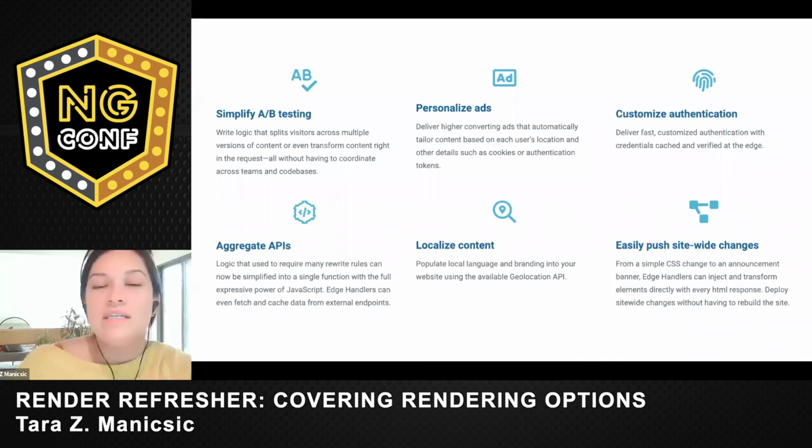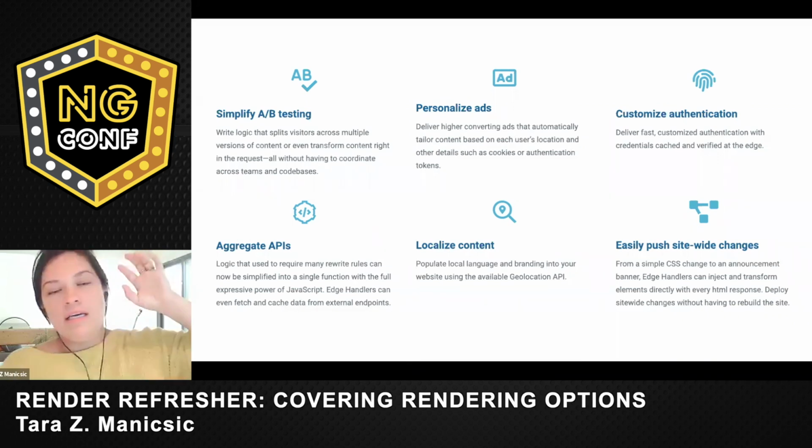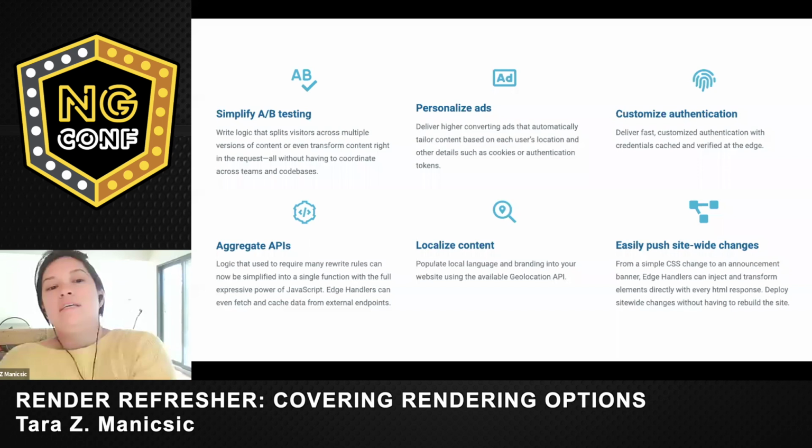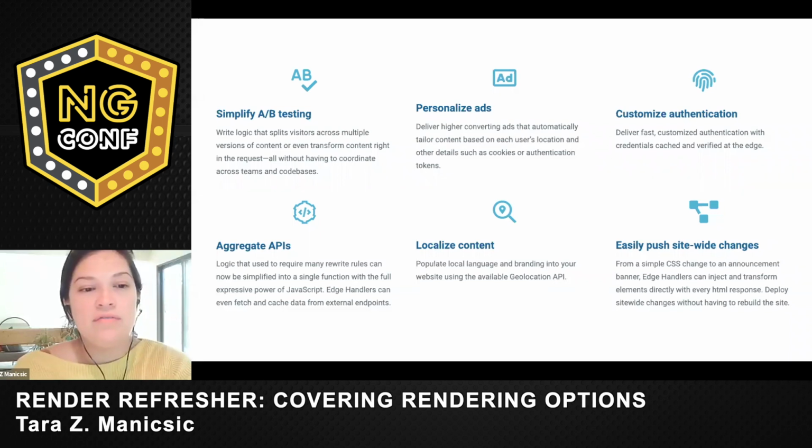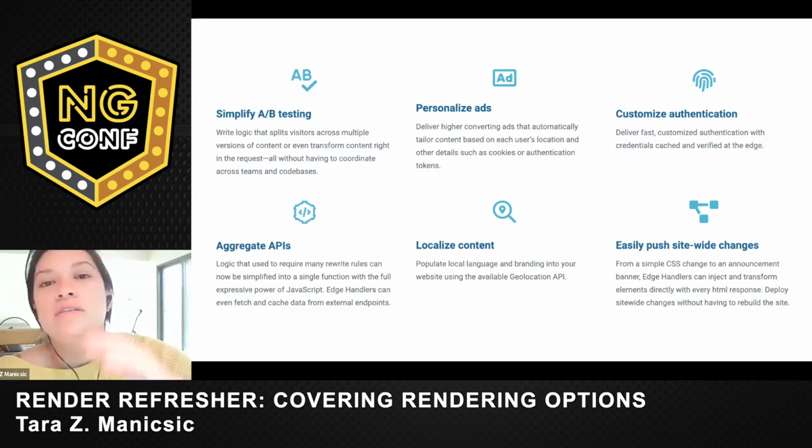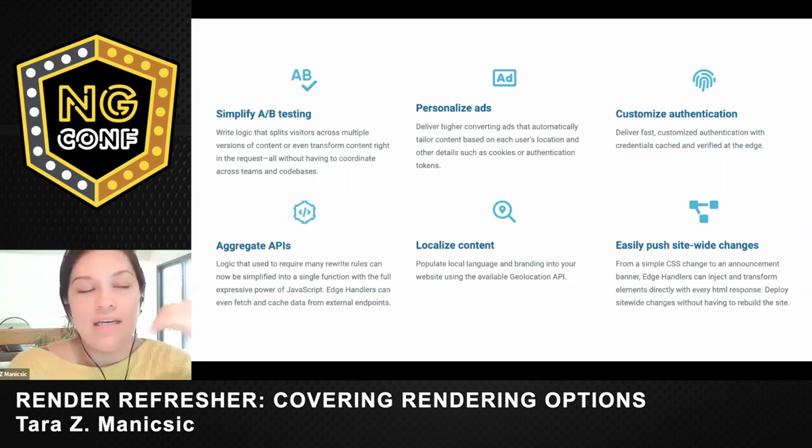So California gets the California page. Montreal gets the Montreal page. It's all very specific to localizations. But then you can also do A/B testing, so you're splitting your visitors across multiple versions of the content dependent on their requests, as well as personalized ads and ads based on the time of day that's coming through in that header.